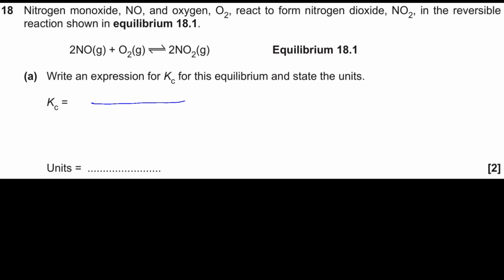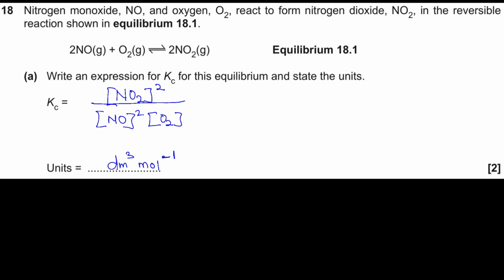So for Kc, the numerator is NO2 concentration squared, and the denominator is NO squared times O2, and the unit will be, well, we got concentration squared over concentration cubed, so we cancel out the squared, and you're going to get 1 over concentration, and 1 over concentration is going to be decimeter cube per mole.